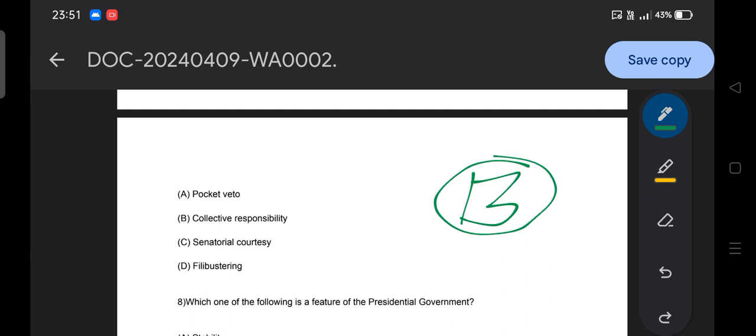So what is collective responsibility? It's a feature of which form of political system, we will discuss. From here we notice one thing: we have to focus on the features of the American or presidential form of government, the political system specific to the USA. Okay, that we need to notice here.